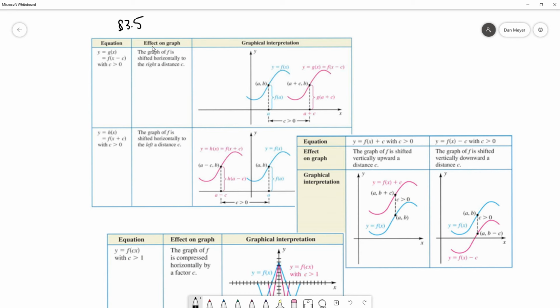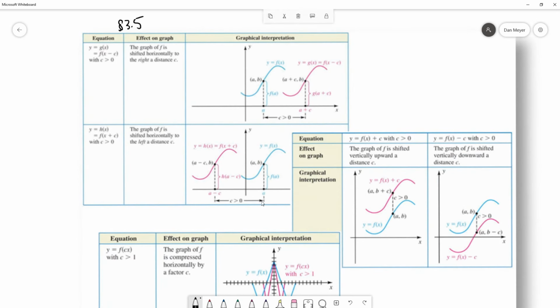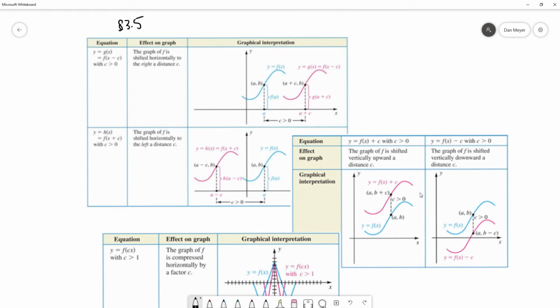If you remember, if you've got a function f of x and you want to know what the graph of y equals f of x minus c looks like, so subtracting a positive number on the inside, that's a horizontal shift to the right. The stuff that goes on the inside is the part that's hard.